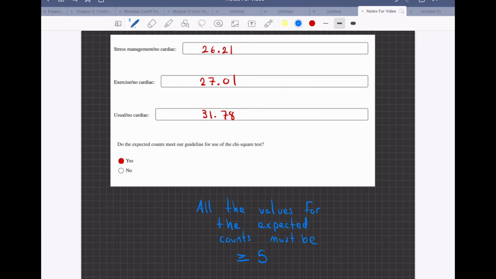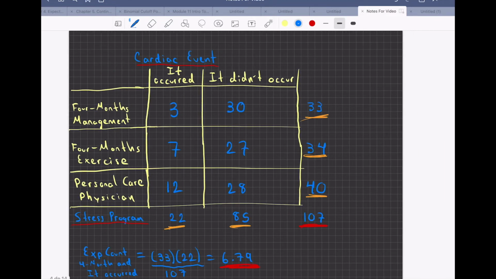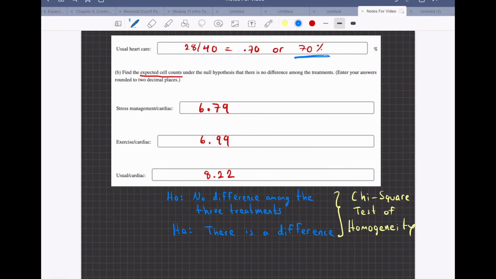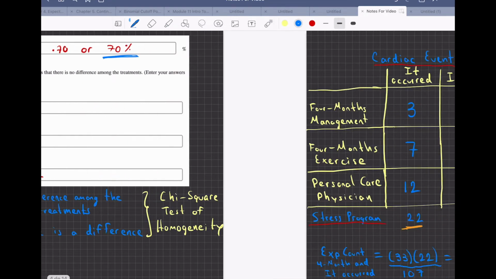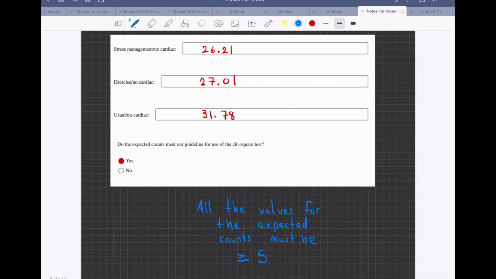That is an assumption, right? Something that, if you want to perform this test, must be true. In this case, notice that for each cell, all the expected counts are more than 5. So no problem in this case. So that's why I put yes.